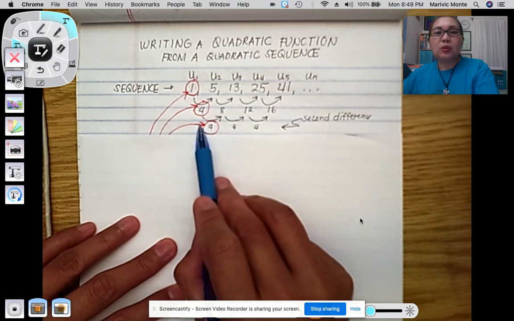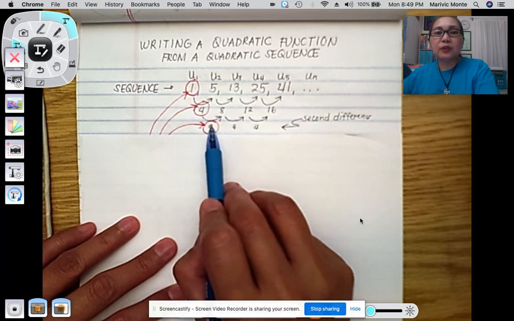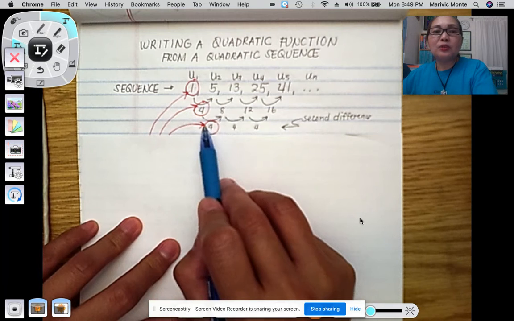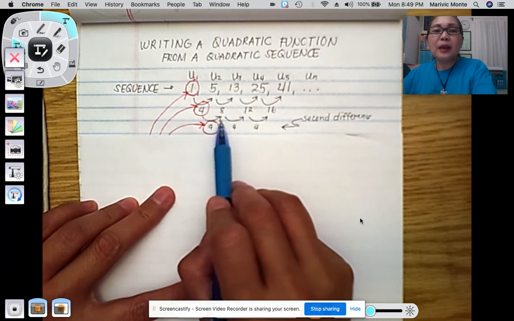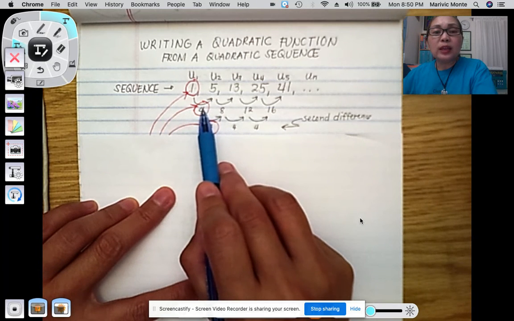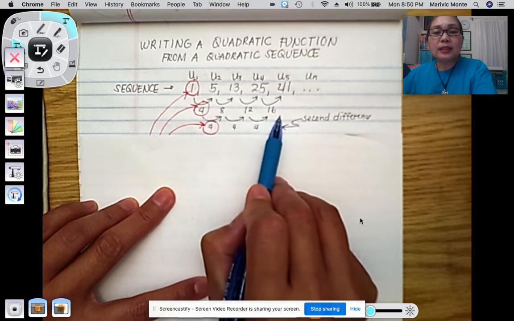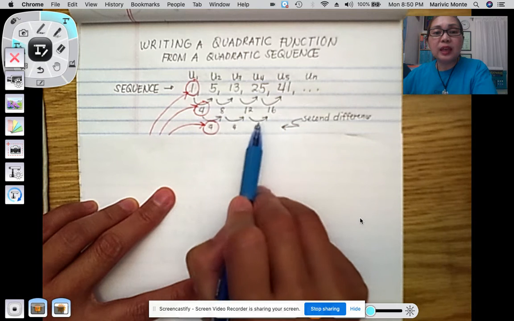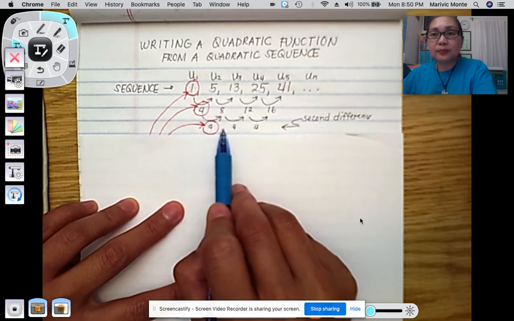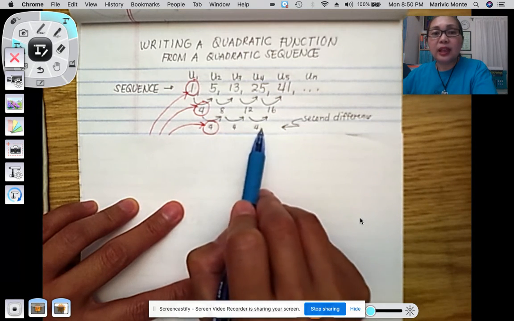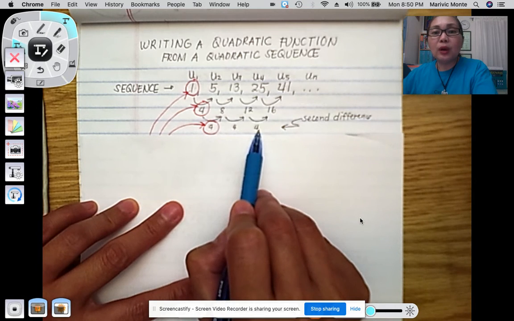So ignore those red labels there; we'll use those labels for later. The first difference has 4, 8, 12, and 16 for its terms, and the second difference finally got us all the same, with a value of 4.